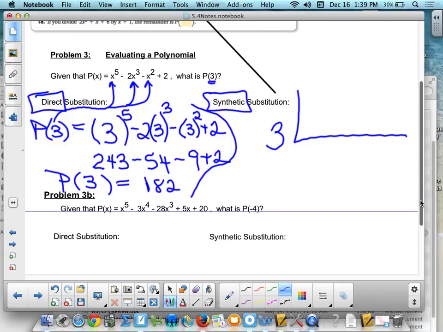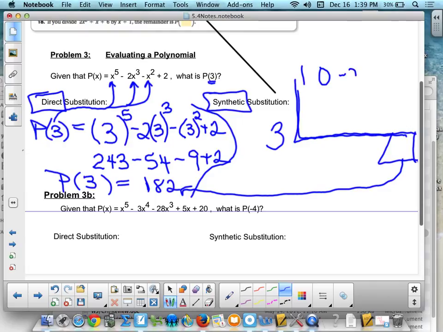Put your coefficients in here, and let's see if your remainder comes out 182. What are your numbers here? 1, 1, 0, -2, -1, 0, 2.